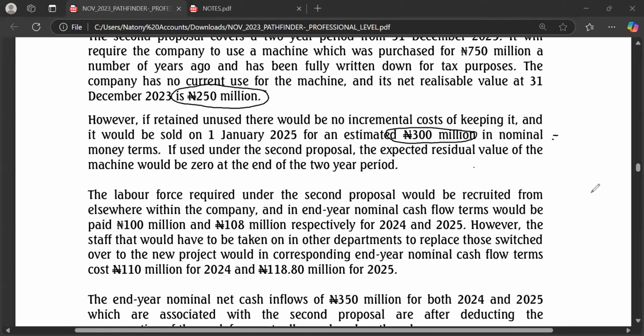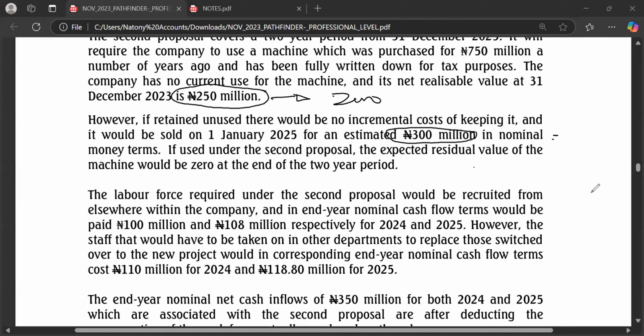If used under the second proposal, the expected residual value of the machine will be 0 at the end of the 2-year period. So what does this connote? If the asset is sold now, you can realize this. Here, 0. Okay?